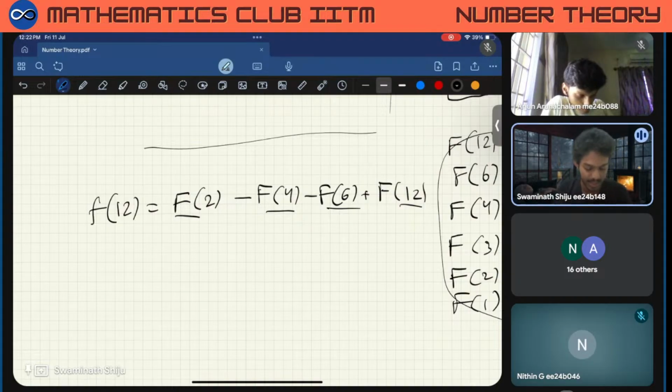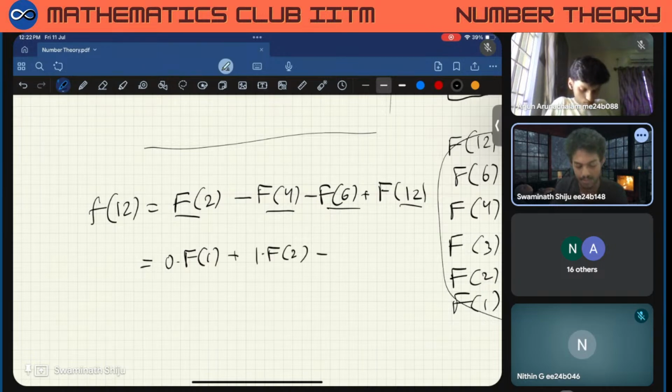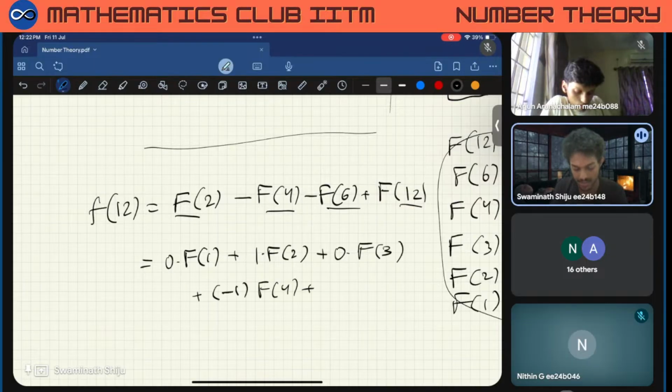So we can write that as 0 into f of 1 plus 1 into f of 2 plus minus 1, 0 into f of 3 plus minus 1 into f of 4 plus minus 1 into f of 6 plus 1 into f of 12.